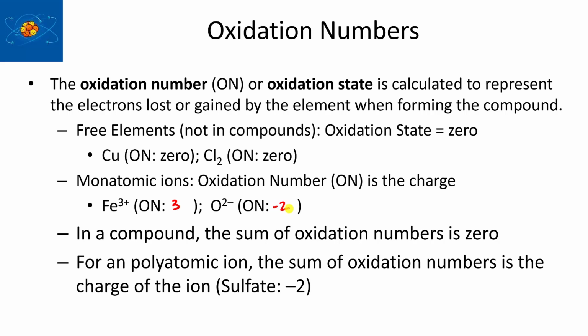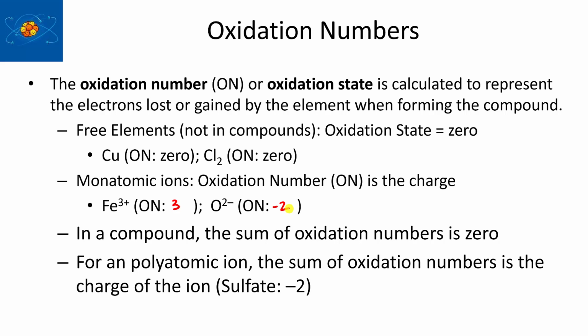Now, one of the other important rules to recognize is that when you are trying to find the oxidation state of an element in a compound, the oxidation numbers always need to sum up to 0. That's for compounds. You have to remember a compound's different than an ion, because ions have charge.